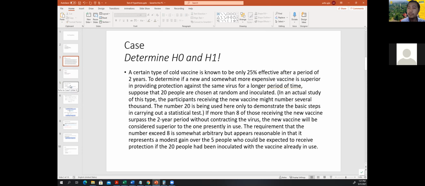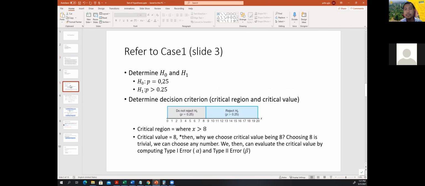Yesterday we already made a statement about the null hypothesis and the alternative hypothesis, and we already did this.